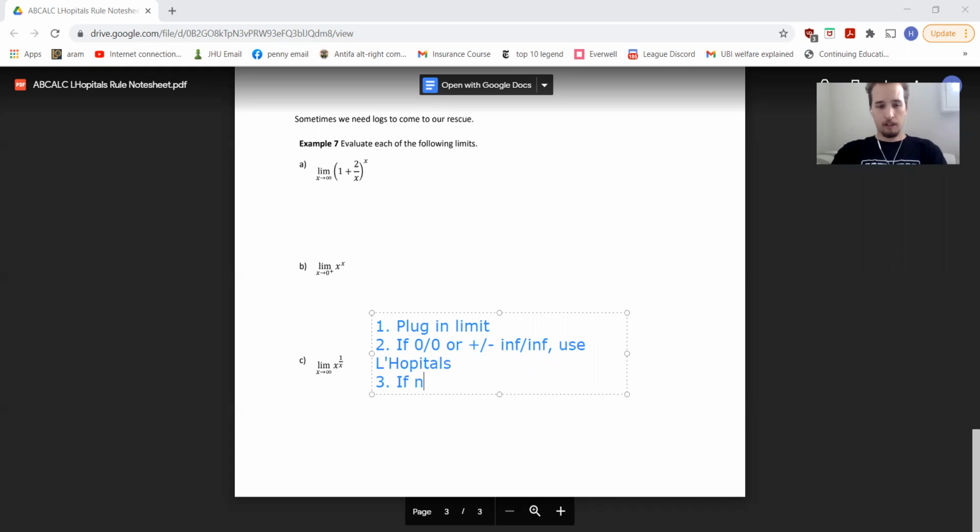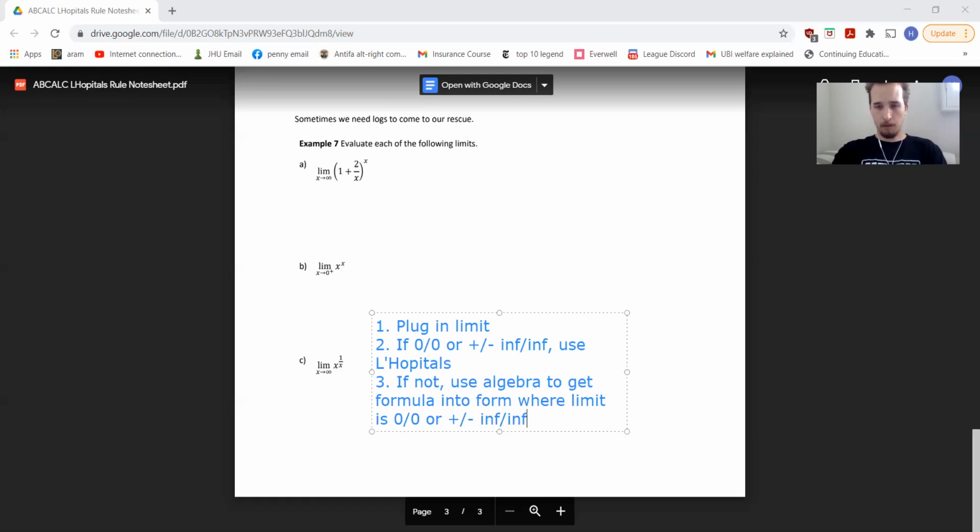If not, use algebra to get the formula into a form where the limit is 0 over 0 or plus or minus infinity over infinity, right?